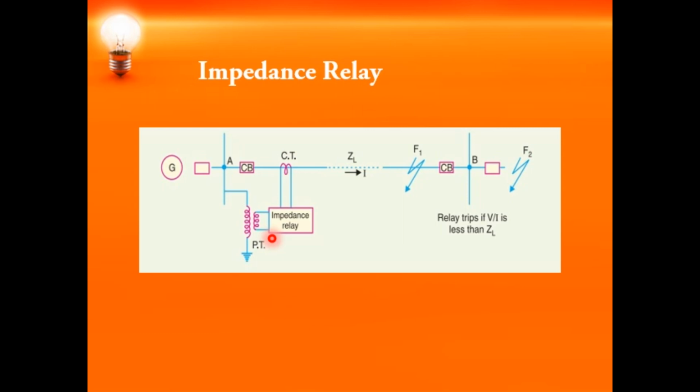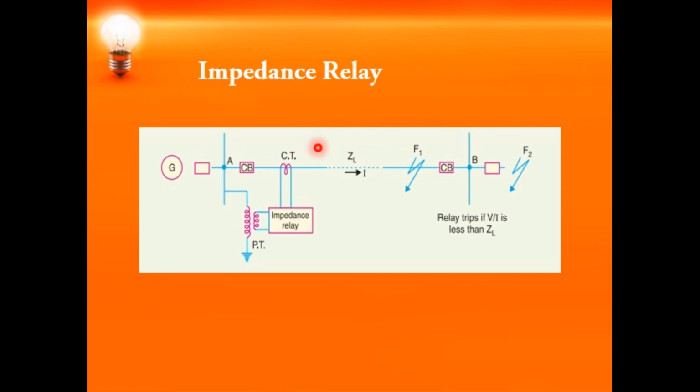Similarly, the current element of the relay is excited from a current transformer which is in series with the line. The portion A to B is nothing but the protected zone. Okay, the impedance of this protected zone, that is from point A to point B, the measured impedance is ZL.